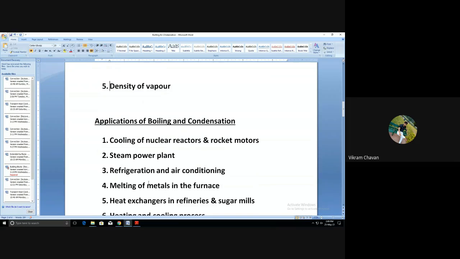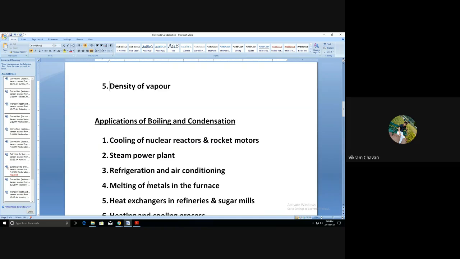This is the cooling process. Cooling is required for the rocket motors so that more damage will not be caused by the large amount of heat generated in the rocket engines.